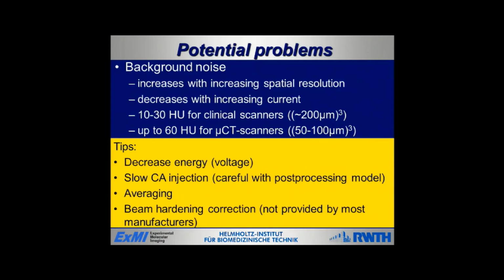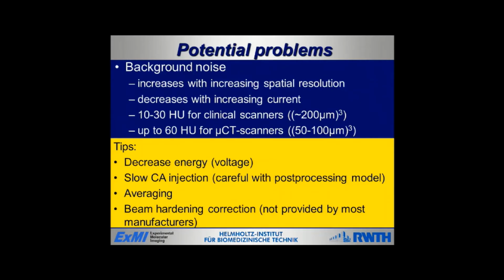So what you can do to compensate for that a bit is to decrease the energy if you apply contrast agents, and make a slow contrast agent injection, so that you don't have such strong peaks within vessels, so you have less beam hardening artifacts.